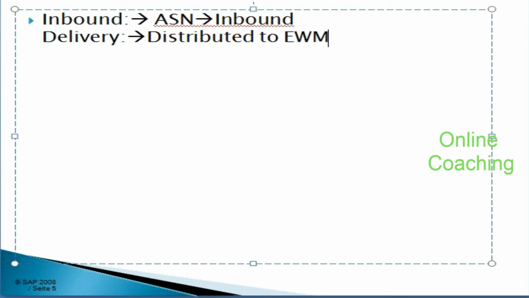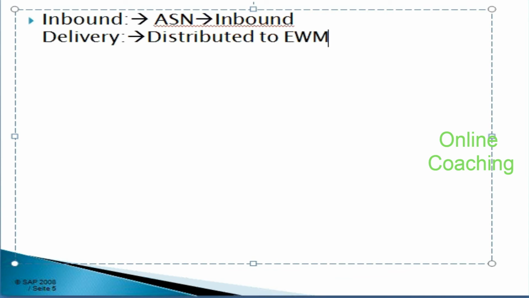That means all the communication to external systems will be through ERP only, or through EWM? It will be through ERP in 99% of cases. Otherwise, you can directly create the inbound delivery in EWM also. Assuming it's a non-SAP system, you can directly distribute to EWM.